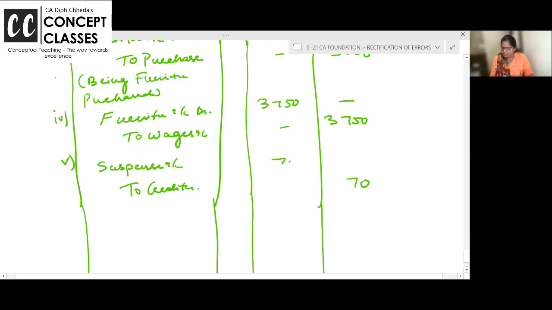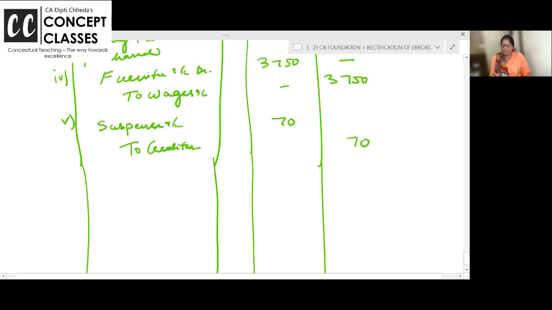Suspense account debit to creditor. Got it? You have written on the debit side 670, credit 600. So 70 rupees credit may you have written in suspense account and over. Now you got it, the suspense account debit which you had credited and creditors actually credit. That's the effect.